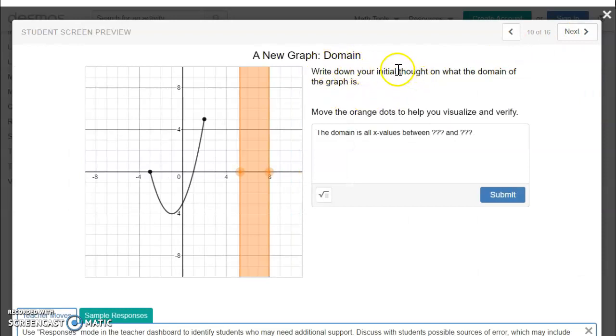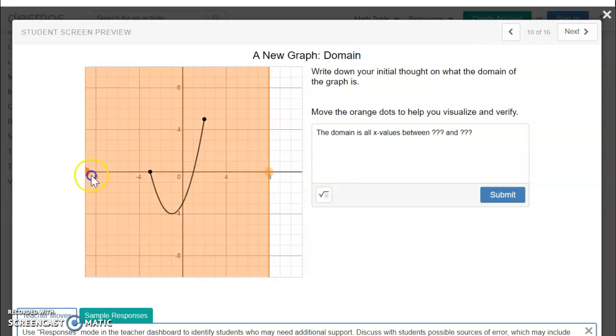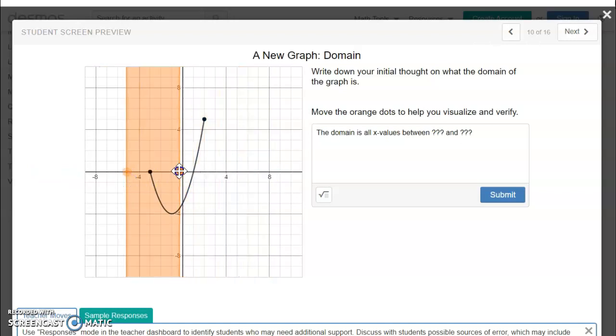Okay, so this is a practice for you. Can you try to move this so that it covers up the graph? You can move this to the left or right so that it just covers up the graph. We don't want to extend beyond, we just want to cover up.